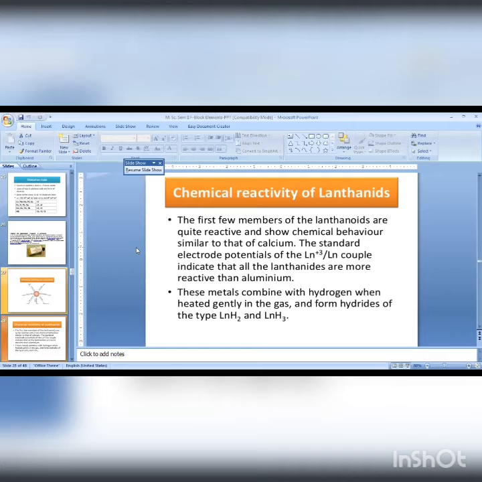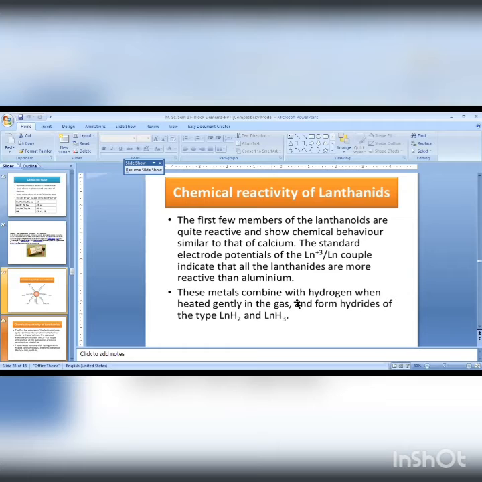Here I would like to show you the chemical reactivity with regard to the slide which I have shown earlier. The first few members of the lanthanides are quite reactive and show chemical behavior similar to that of calcium. The standard electrode potentials of tripositive lanthanides indicate all the lanthanides are more reactive than aluminum. So the reactivity of lanthanides is compared with that of aluminum.